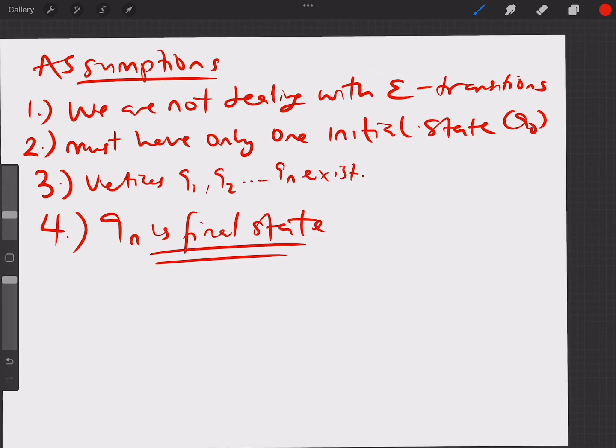Now, we are going to have a set of equations that will come out depending on the states.